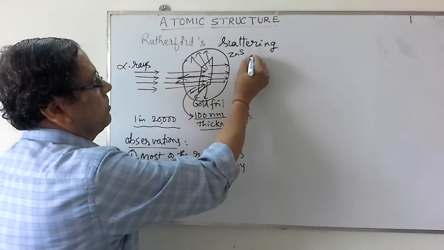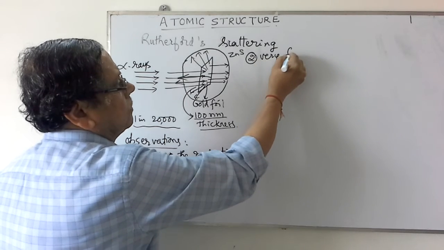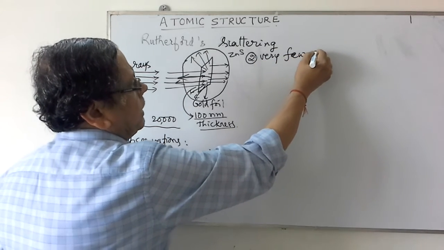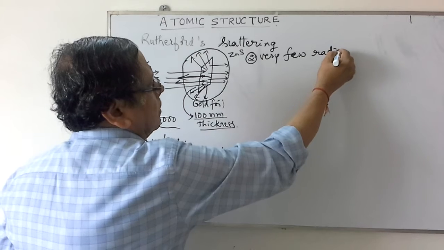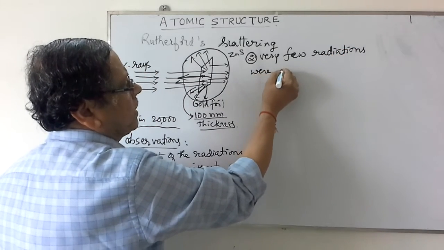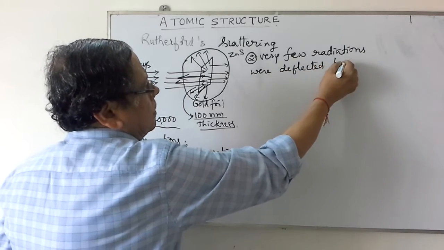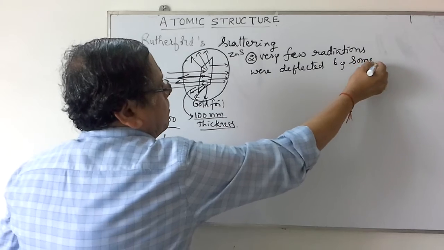The second observation he made was very few radiations were deflected by some angle.